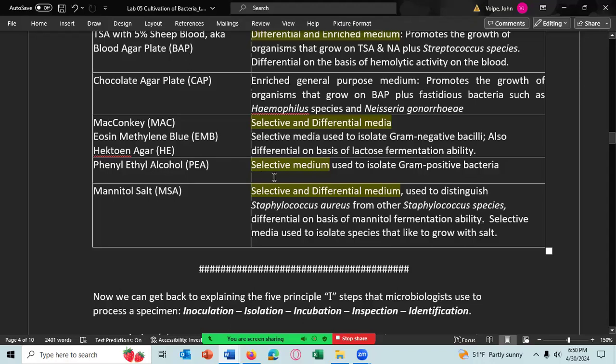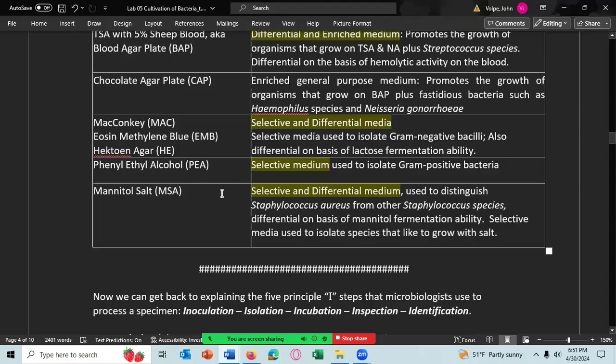It selects for gram-positive bacteria. It selects against gram-negative bacteria. The alcohol, phenyl ethyl alcohol, gets inside the outer membrane of the gram-negative cell and tends to prevent those cells from growing.